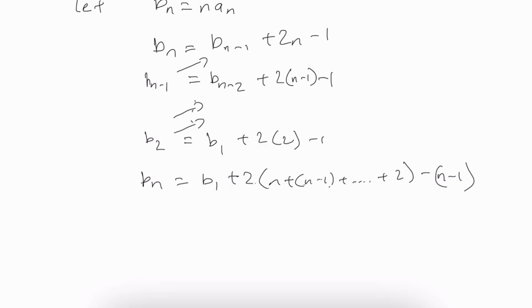And so this will equal 2 times, this is the sum from 1 to n minus 1.